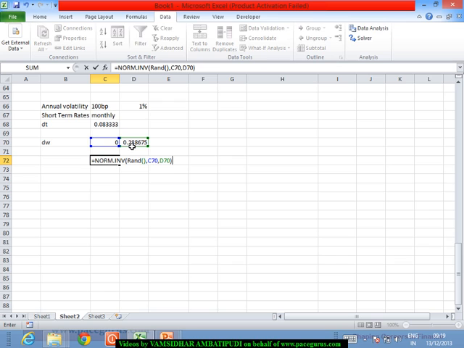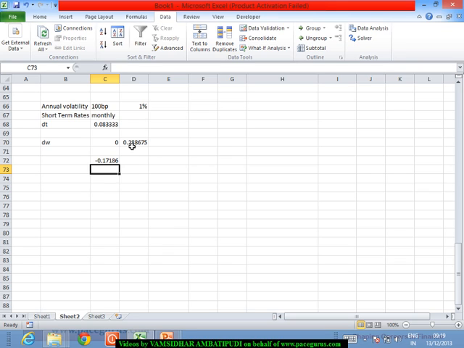I'll get some random value. So in this case, let's say I've got dW as minus 0.17. We can get any number, right? Because it follows a normal distribution with mean equal to 0 and standard deviation equal to the square root of dt.